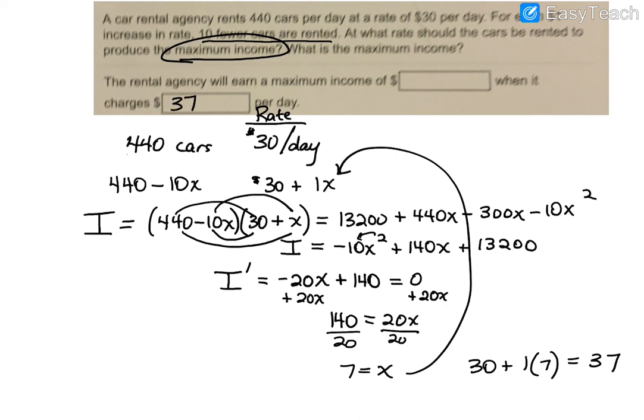And so then to figure out what my total income is, I go back to my original income equation. I've got the negative 10 times, plugging in my x of 7, so that would be times 7 squared, plus 140 times the 7, plus 13,200.